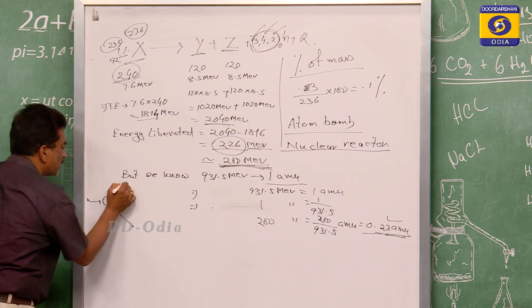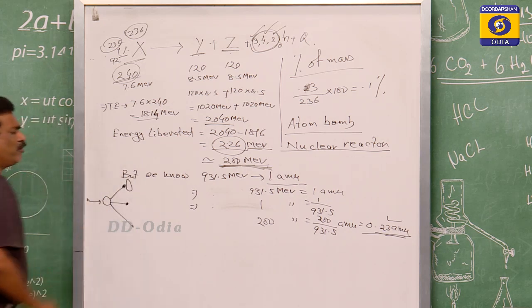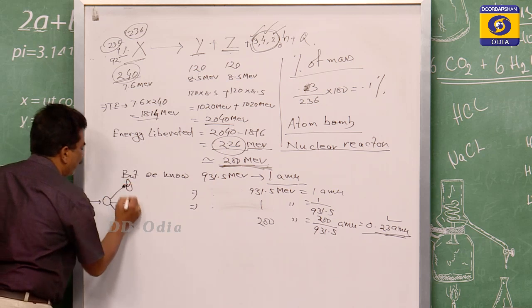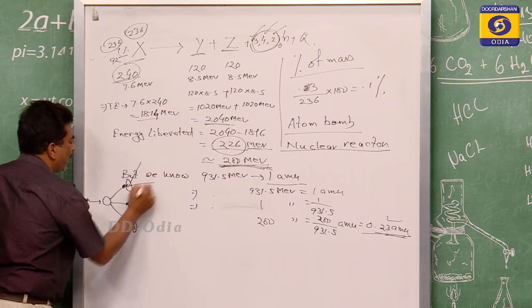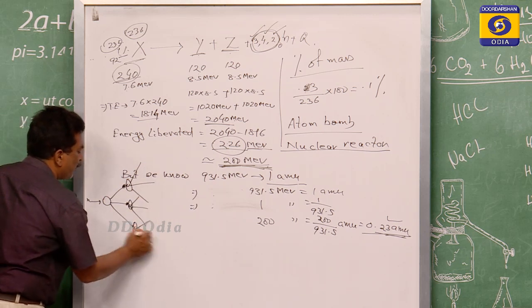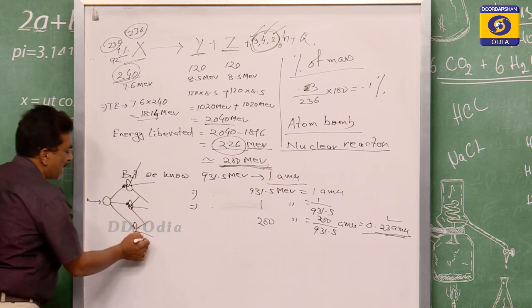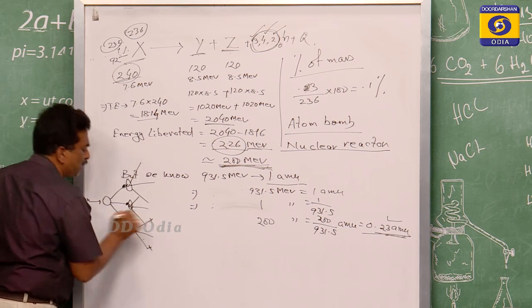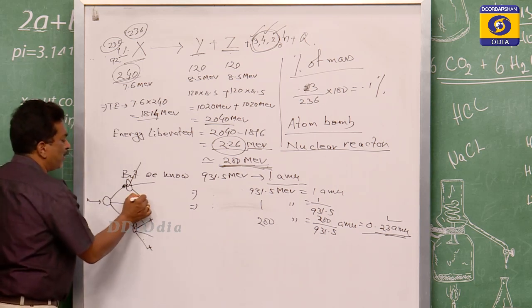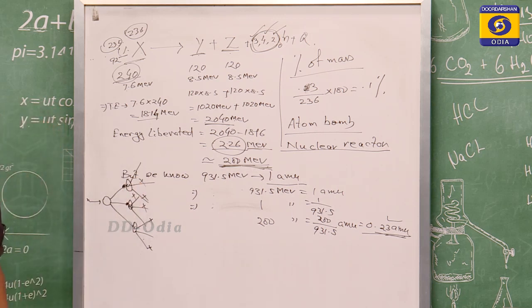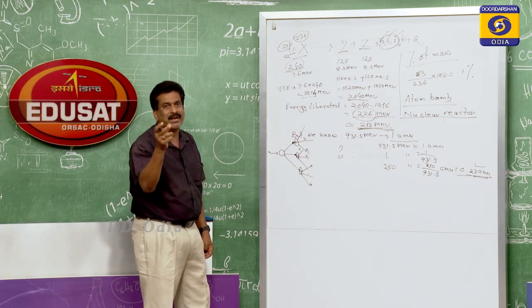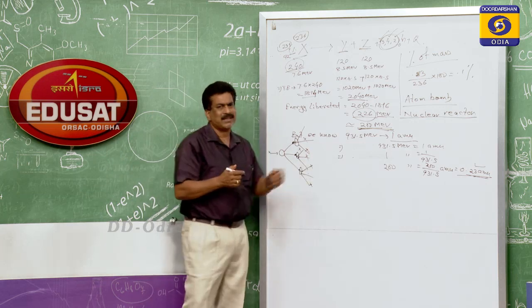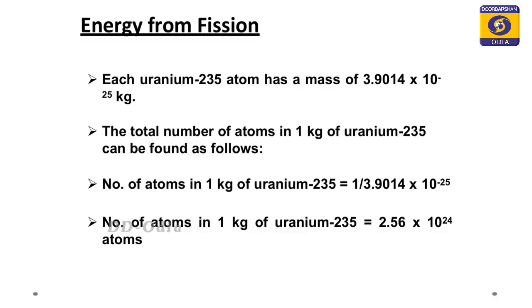Those 3 neutrons again come to a uranium atom, this is a uranium atom, this is another uranium atom, from where again 3. So if we make a controlled chain reaction, suppose this and this are restricted, this and this restricted, this and this restricted. So the number of neutrons will be less, therefore the energy can be generated in a particular interval of time. So that thing we can explain from the nuclear reactor.